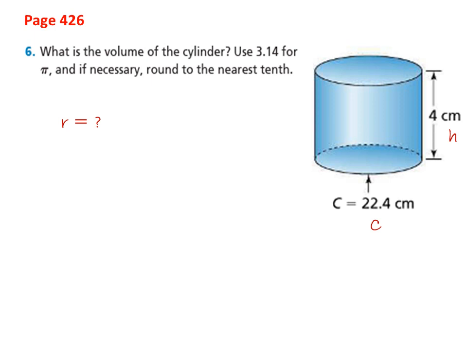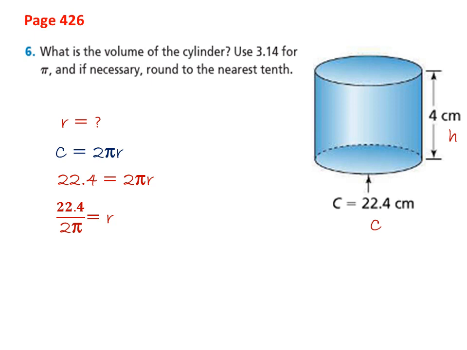We'll use the circumference. Remember how to calculate the circumference. Of course, the circumference of the circle is 2 pi r. So, we can form an equation and instead of C, write 22.4 equals 2 pi r. Can we find the value of r now? Yes, divide by 2 pi.